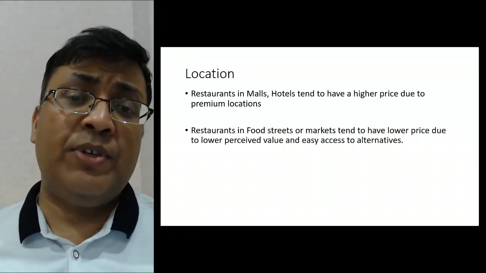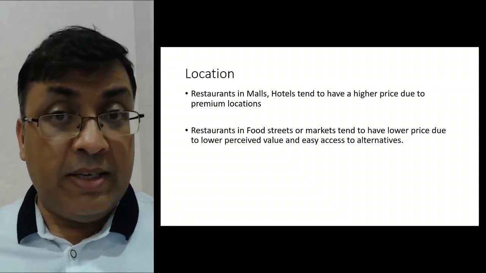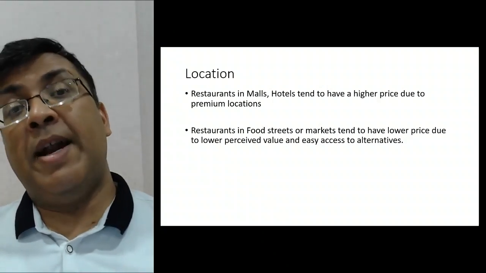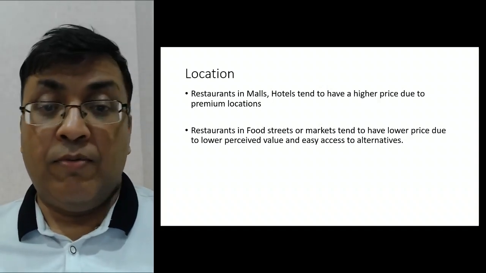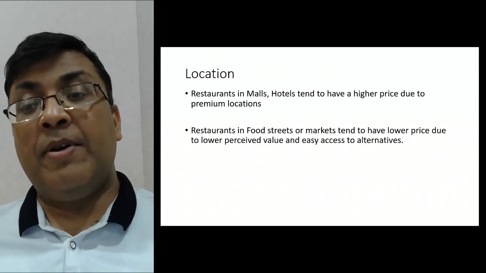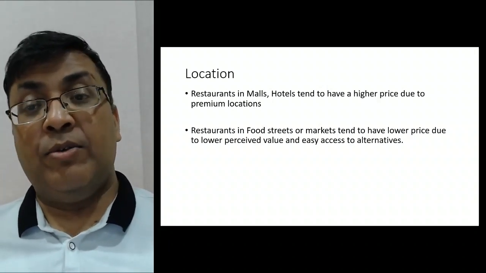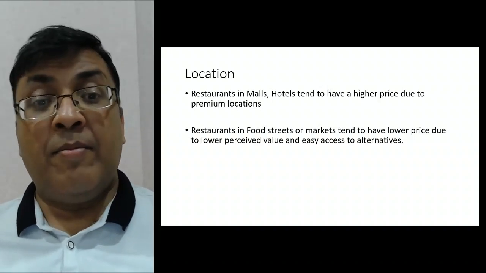A restaurant in a food street or market will have lower prices because of the perceived value in the mind of the customer, and there is easy access to alternatives. Food courts, food streets, and markets will have multiple competing restaurants nearby, which are very easily accessible. So you will not be able to charge a high price.